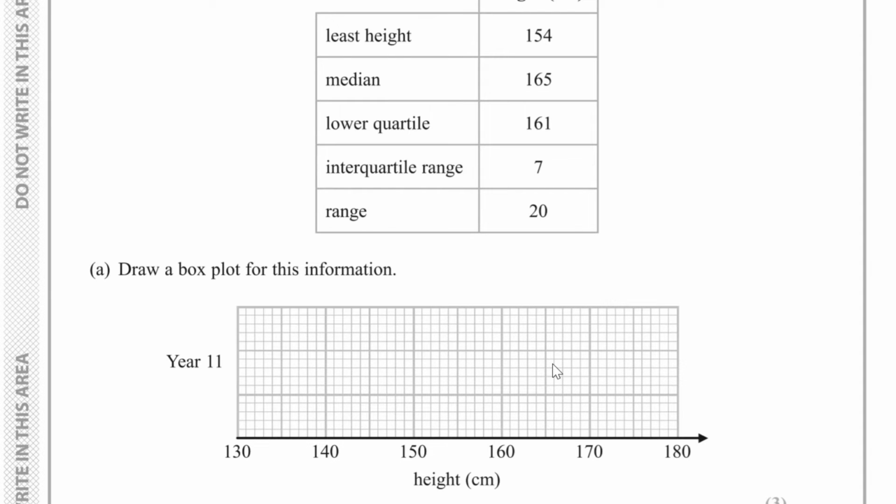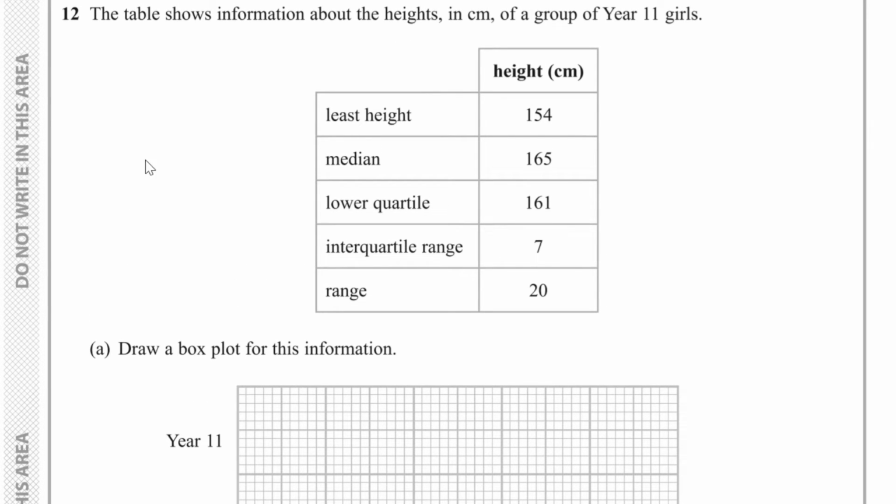What we can do first of all is, if we've been given the lower quartile and the interquartile range, from this we can find out what the upper quartile is. The interquartile range is equal to the upper quartile take away the lower quartile.